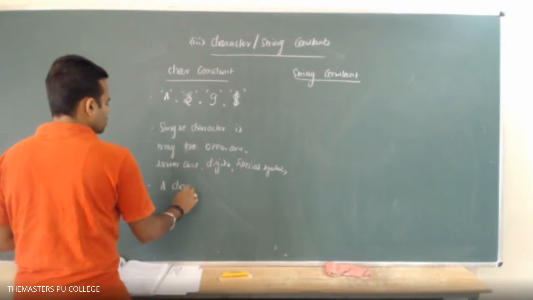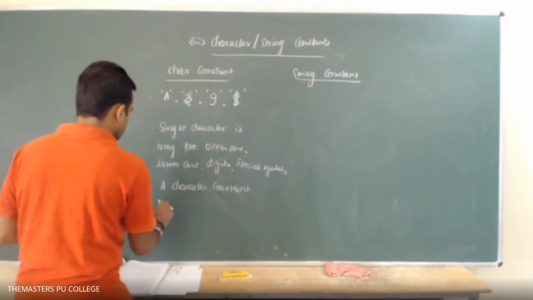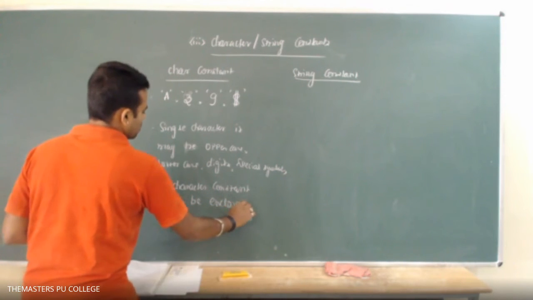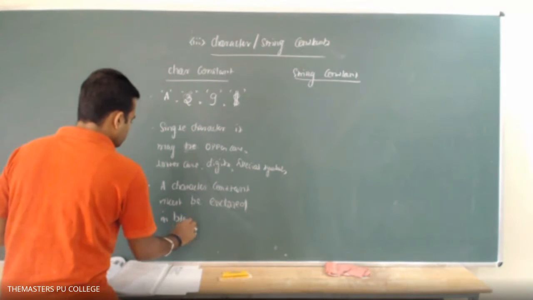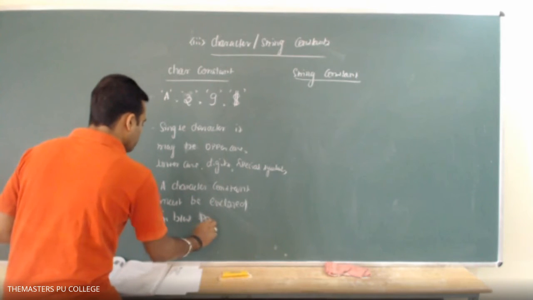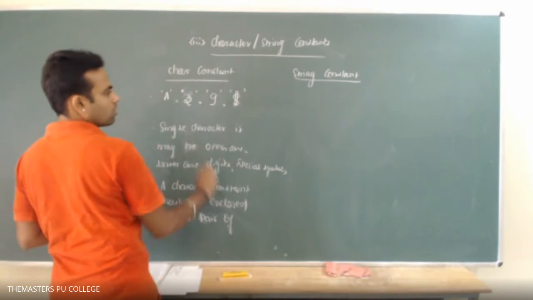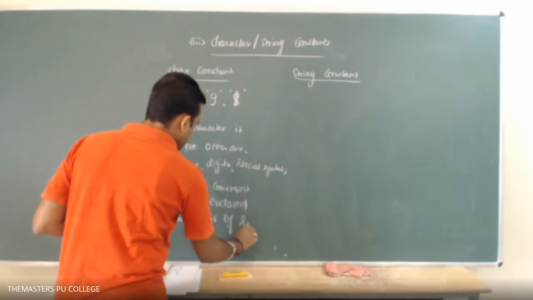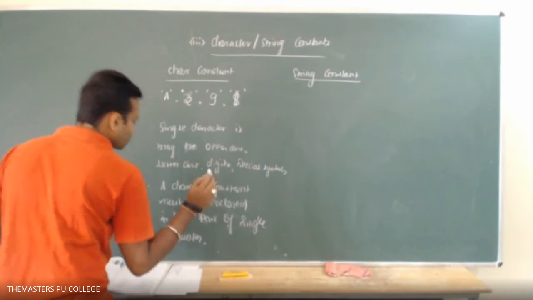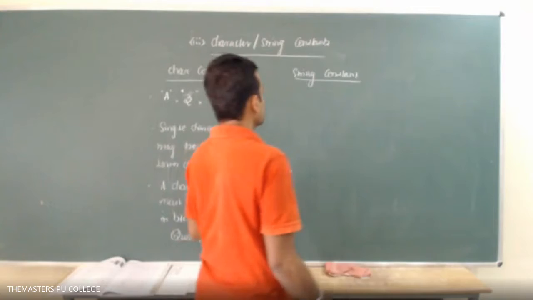A character constant must be enclosed in between a pair of single quotes. Single quotes, so open and close.